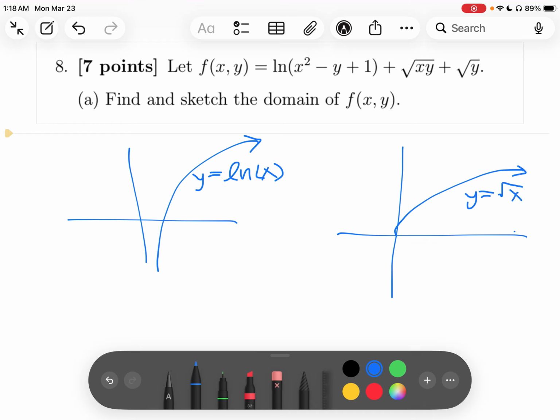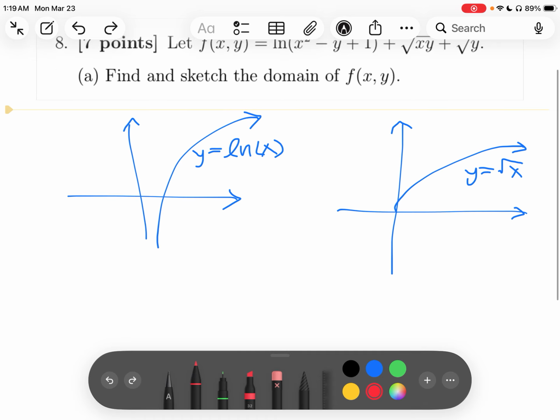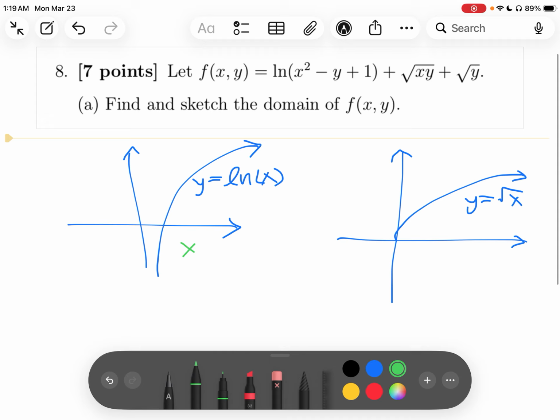So we have to consider what the possible values are for the x under the square root or the x in the ln. Here x has to be greater than 0, because we can't have ln of 0, that doesn't exist. And for the square root, x has to be greater than or equal to 0.